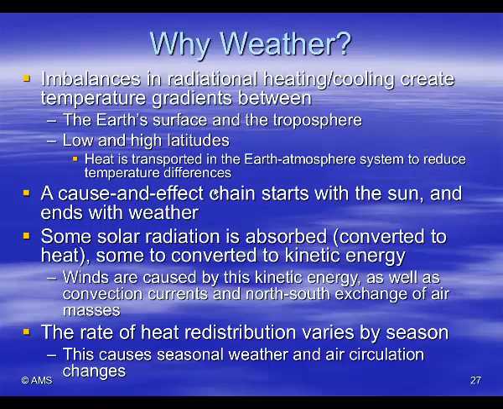So winds are caused by this kinetic energy, as well as the convection currents in the north-south exchange of air masses. We see this rate of heat redistribution varies by season. So this causes the seasonal weather and the air circulation changes during those seasons.